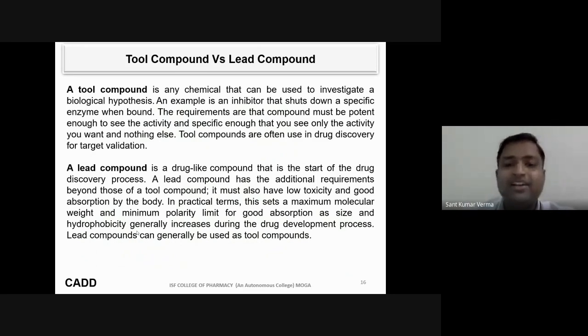In practical terms, this sets a maximum molecular weight and minimum polarity limit for good absorption, as size and hydrophobicity generally increase during the drug development process. Lead compounds can generally be used as tool compounds. This is the difference between a tool compound and a lead compound.